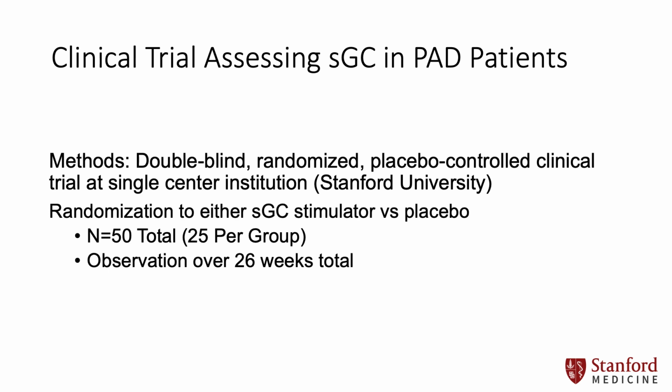And in the future, we're moving forward to a trial looking at soluble guanylate cyclase activators in PAD patients. And so we've partnered with Merck to run a double-blind randomized controlled trial here at Stanford with 50 patients, and they'll provide the drug and look at these patients over 26 weeks.